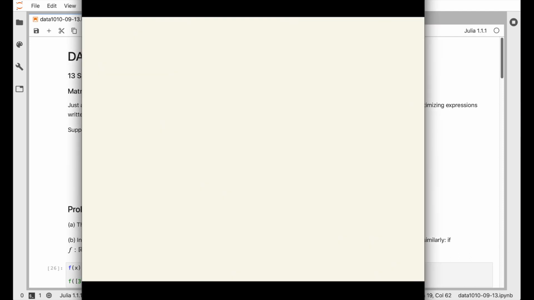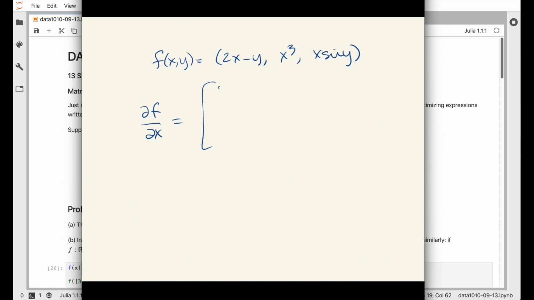For example, if we consider a function like f of x comma y equals 2x minus y comma x cubed comma x sine y, then the derivative matrix for this function is going to be the derivative of the first component, both ways we can do it, with respect to x and then with respect to y, then the derivative of the second component with respect to x and with respect to y, and the derivative of the third component with respect to x and with respect to y.